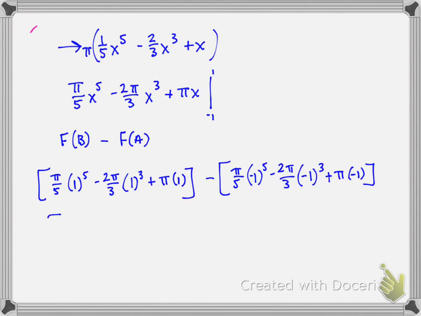Okay, so I get pi over 5 minus 2 pi over 3 plus pi.